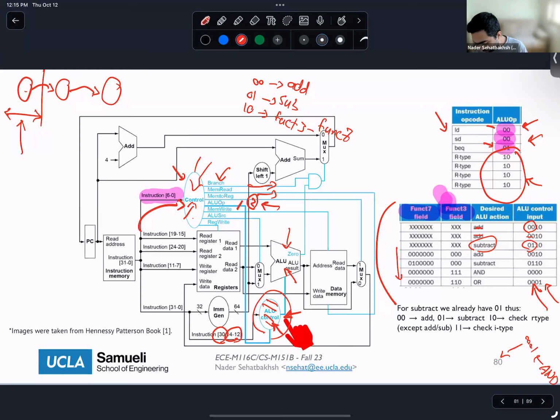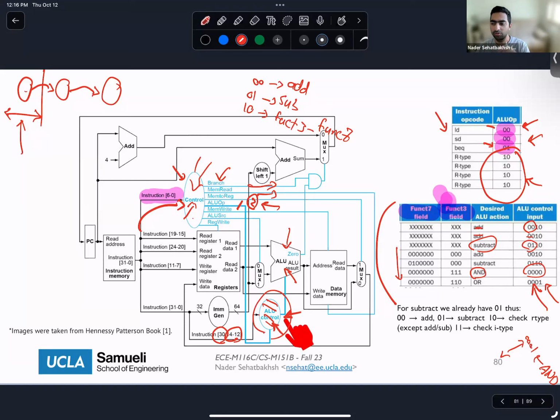The reason that we are doing this is, if you go back to the way that we design logic controllers, we want to minimize the number of zeros, or the number of ones, or whichever we want, to design our logic. This is a very logic design thing, which I don't want to go into. If you read the book, they have a very elaborate table showing how we do this. But for us, it's mostly just a contract that we know that, for example, 0, 0, 0, 0 is AND and so on and so forth. Hopefully I answered your question.